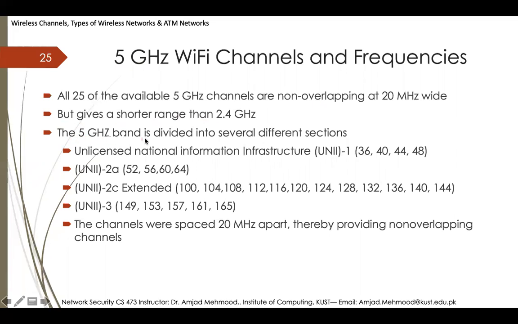The 5 gigahertz band is divided into several different sections. You may call it Unlicensed National Information Infrastructure, UNII-1. So these are the different channels: 36, 40, 44, and 48. Now we have another one, UNII-2A: 52, 56, 60, and 64.